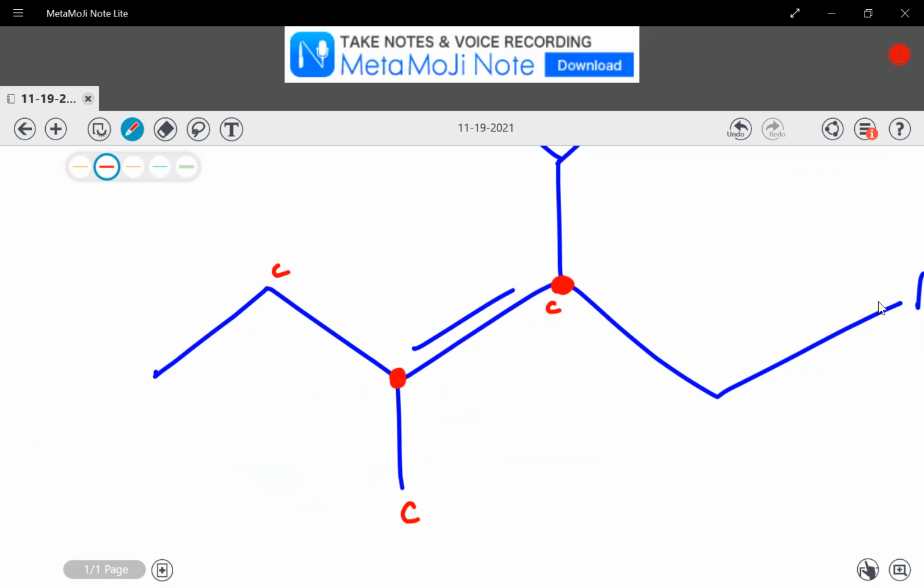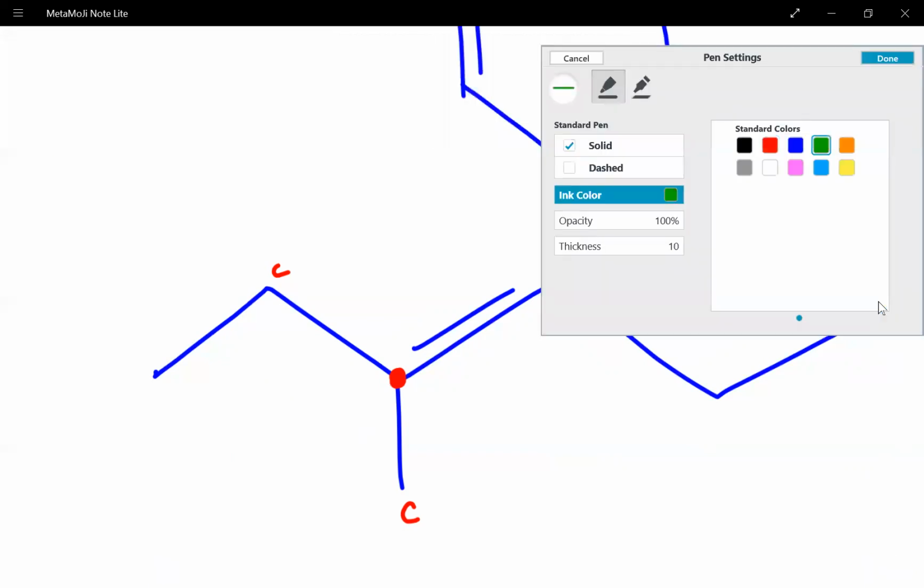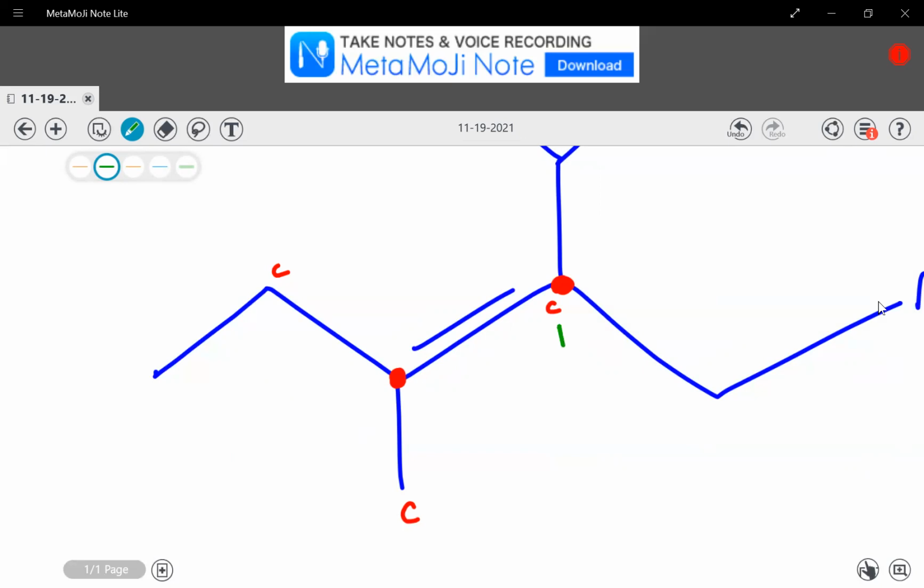We don't have hydrogen, my bad. Now, what do we do? Well, we see what each of these are attached to. This carbon here is attached to a hydrogen. And notice how I'm not counting this one twice in this case.